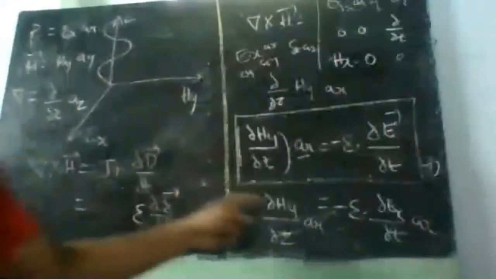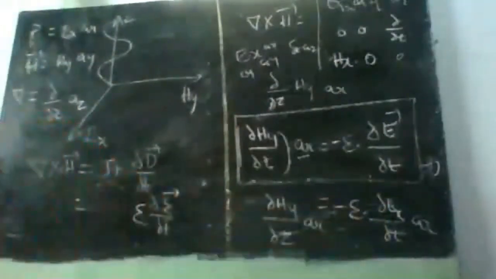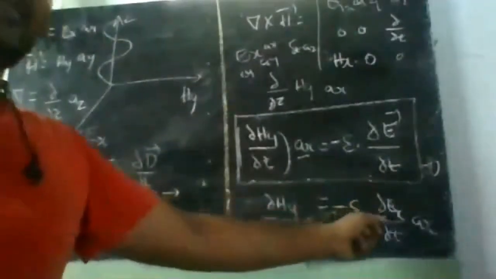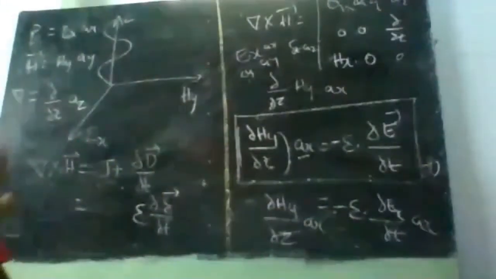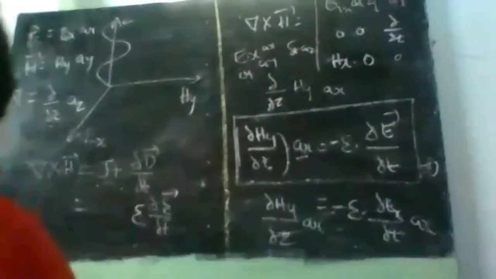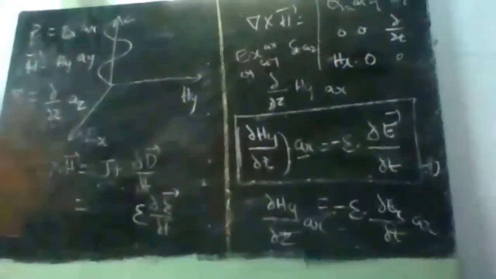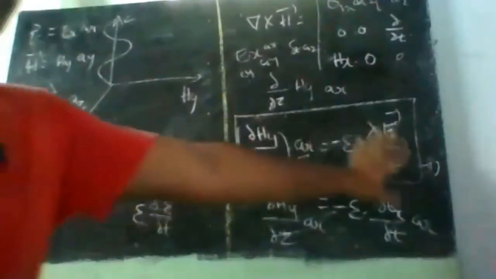So if I take the magnetic field as Hx, the electric field component will be Ey. So always they will be opposite. If I take one as x, the other will be y. If I take one as y, the other will be x. So this is the relation between electric field and magnetic field.